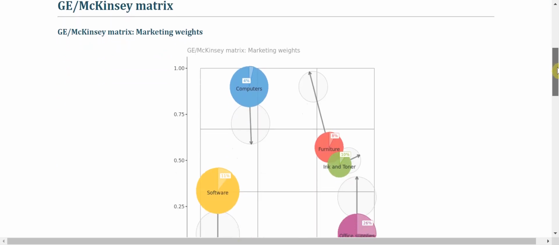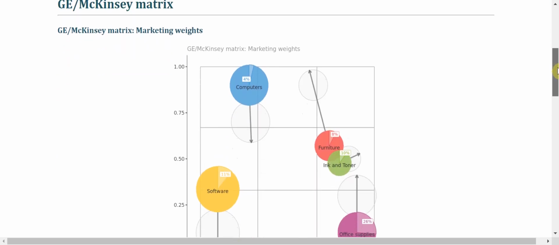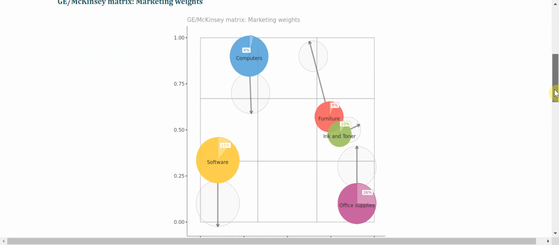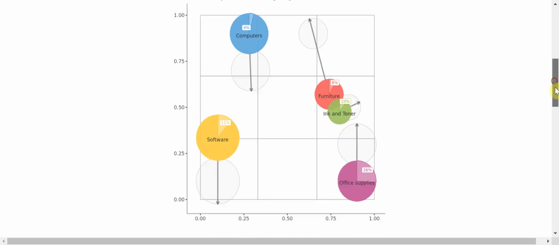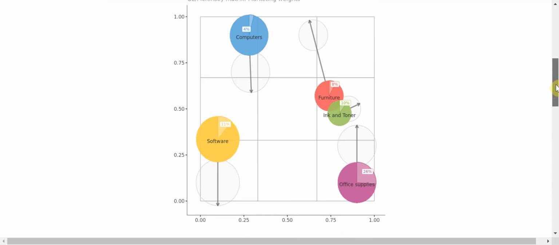You may remember that we had two different weights, marketing and finance. This is the result from the marketing weights. The horizontal axis, do you remember what it was? Business strength. And the vertical axis, industry attractiveness.